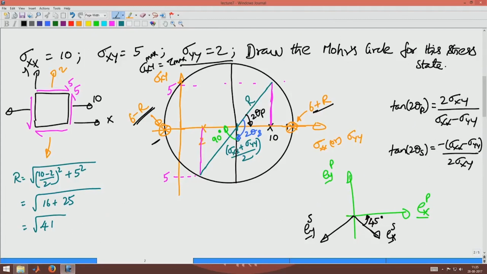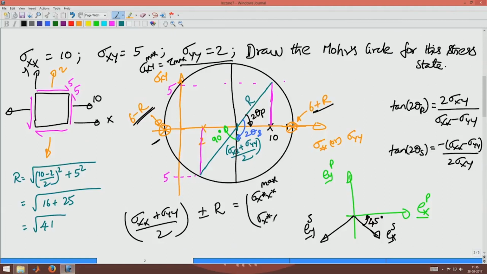Okay. Now, from this figure it is clear that the extremum normal stresses expression would be (sigma xx plus sigma yy) by 2 plus or minus r, your sigma x star maximum and sigma x star minimum values, right. In fact, plus r would be sigma x star maximum and minus r would be sigma x star minimum value. Okay.